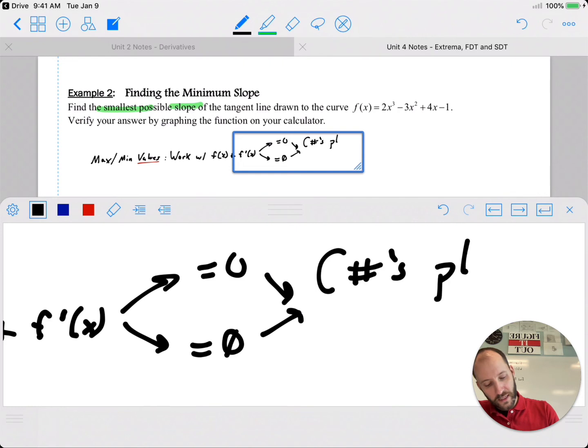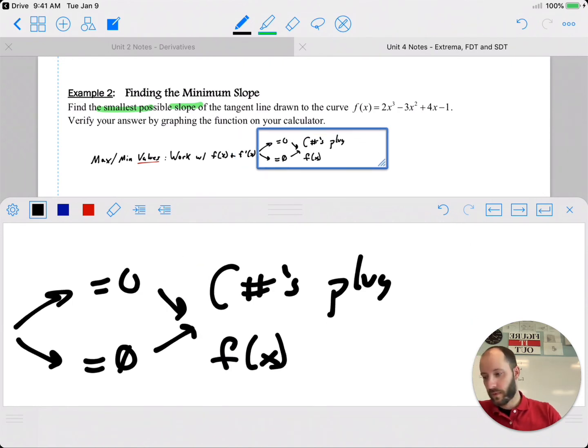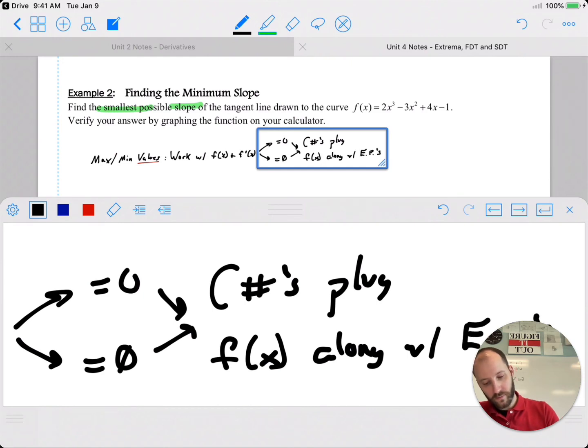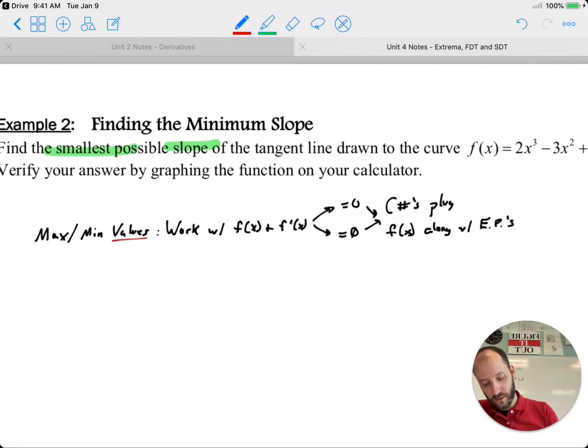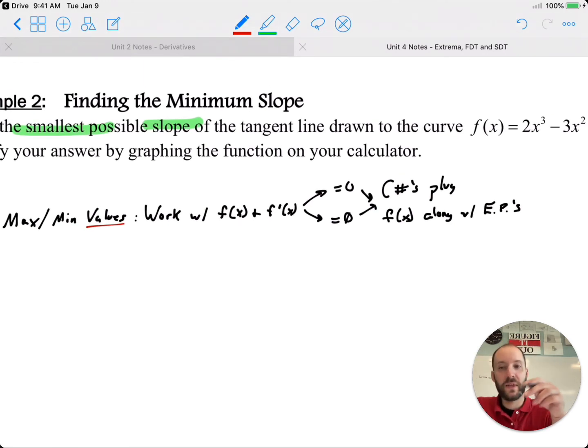You plug that into f of x along with endpoints. Alright, so that's kind of summing up what we've been doing. Finding maximum values. Work with f and f prime. Your critical numbers, then you plug into f of x along with endpoints.